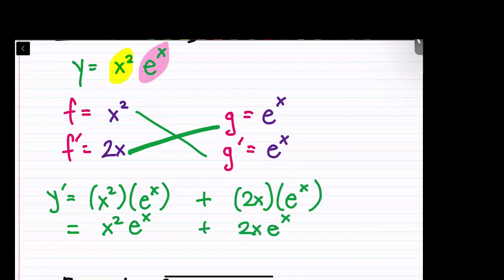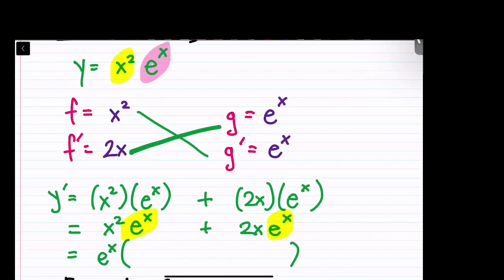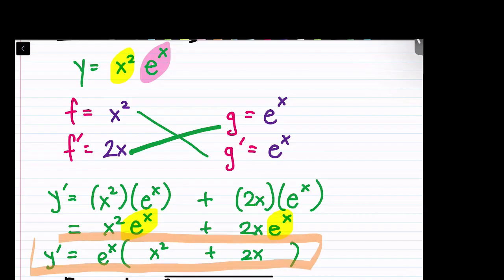Notice here that our two terms have e to the x in common. So e to the x is our greatest common factor that I am going to factor out. And what's remaining inside the parentheses is x squared plus 2x. So this expression right here is our simplified derivative of our original y function.